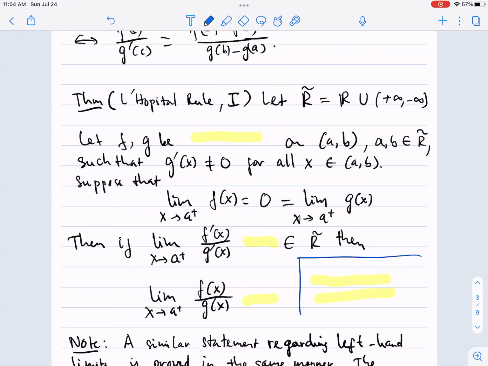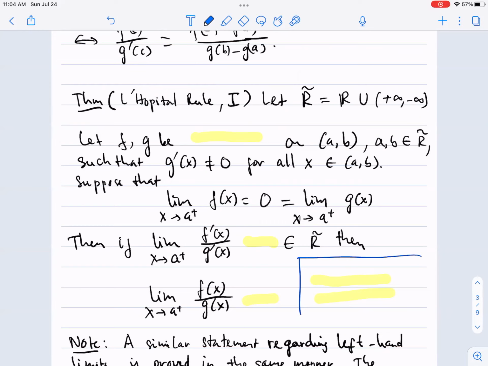Let R tilde be the union of the set of all real numbers with these two special symbols, plus and minus infinity.